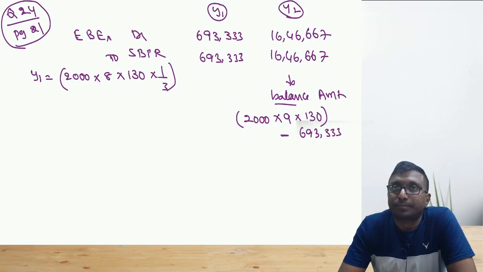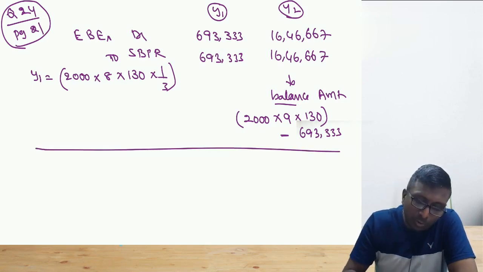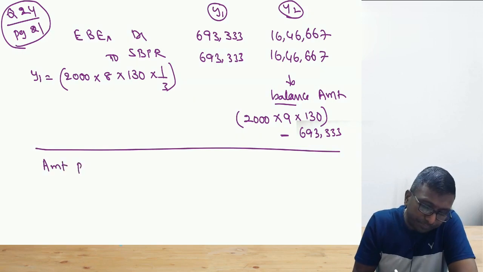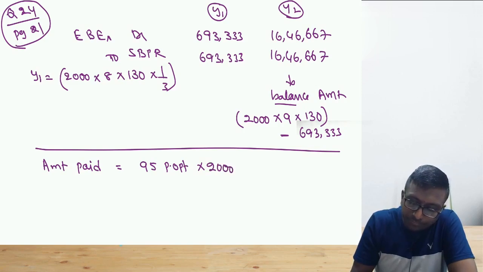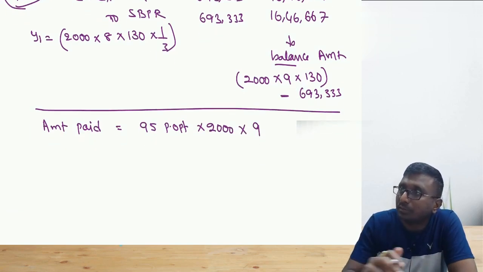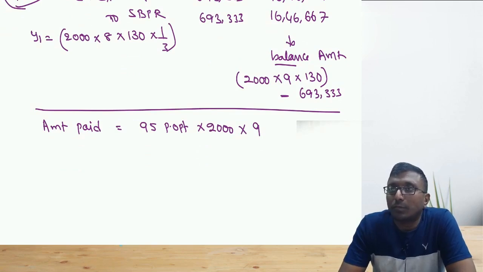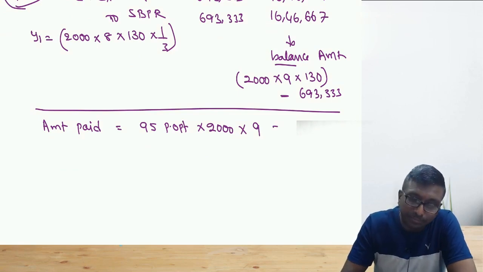Then for the remaining. Now, what is the amount paid, na? 95 per option, correct? 95 per option into 2000, correct na, into 9 people. How much does it come? 17 lakh 10,000.